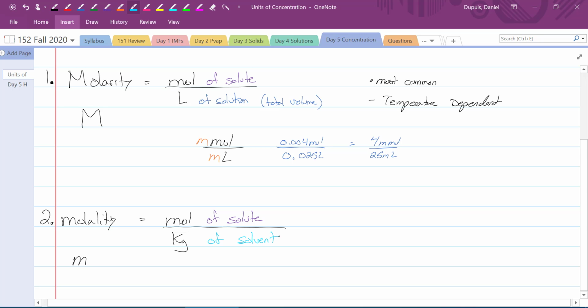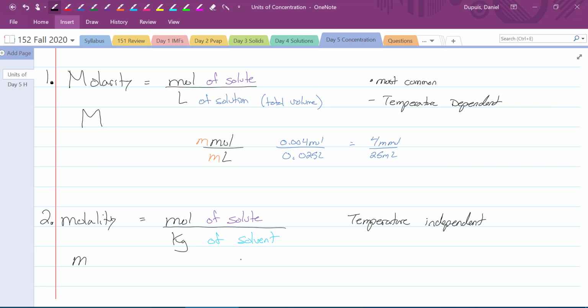This one is temperature independent, because mass is temperature independent. Your mass does not change with temperature. Now, some of our masses may change with season, especially with Thanksgiving and Christmas, some of us partaking a little too much. But mass does not change with temperature.